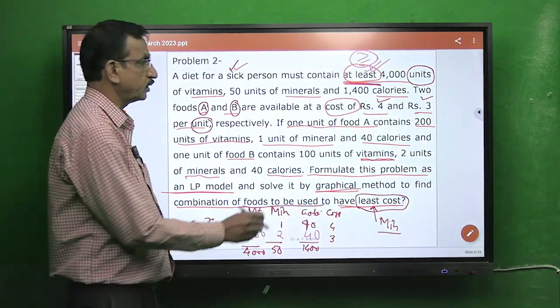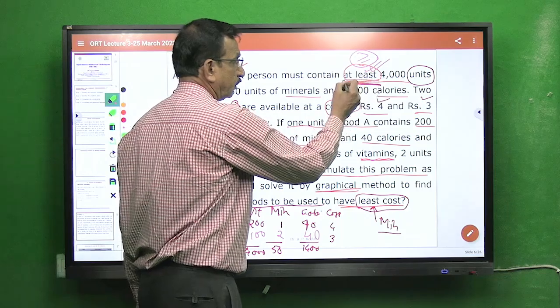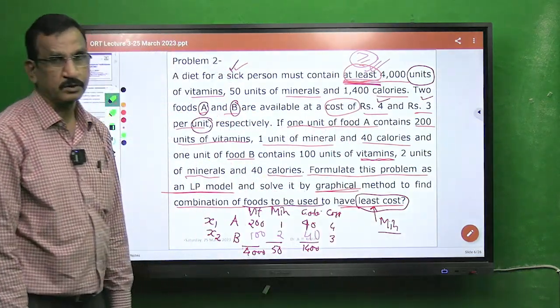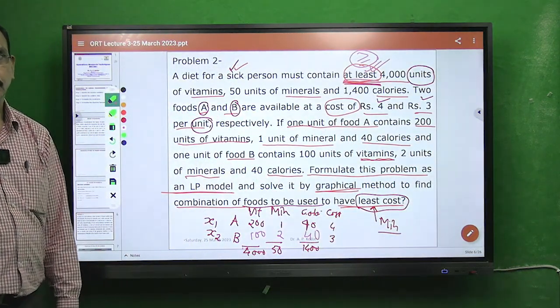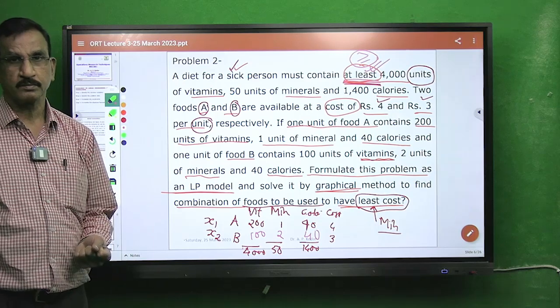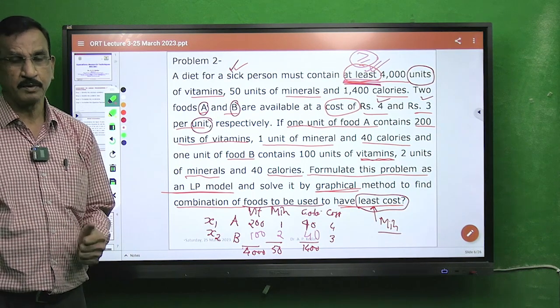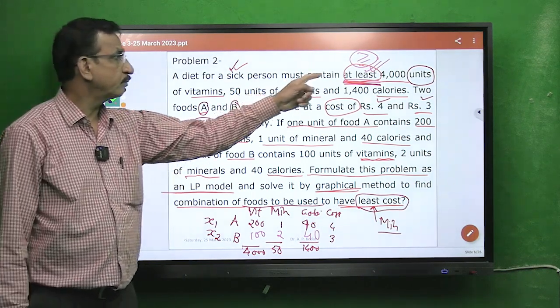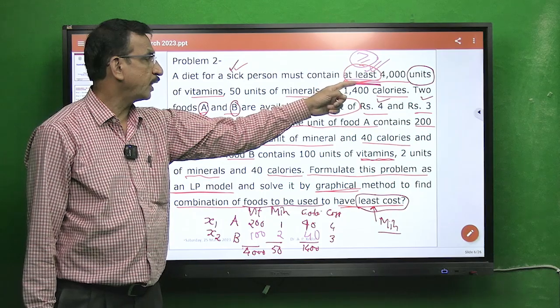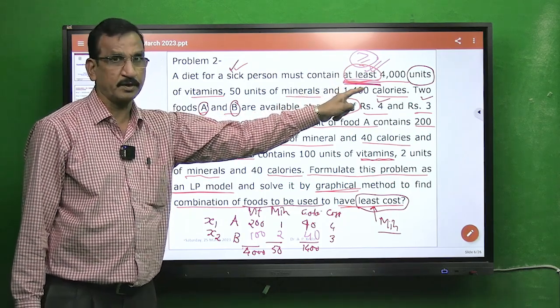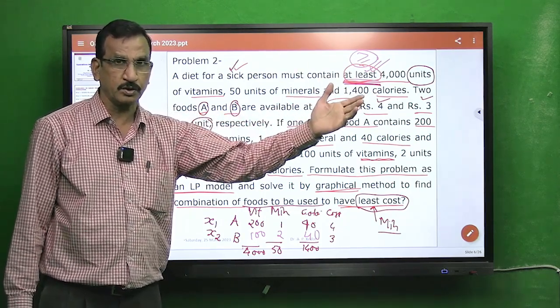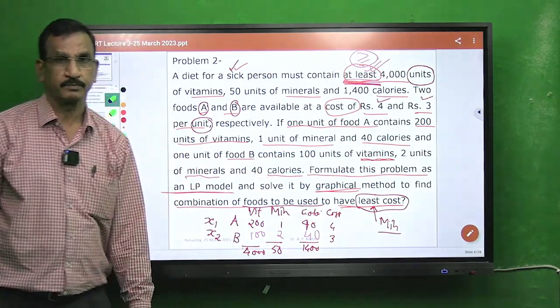So you must have understood the impact of the word at least in formulation. The problem can also use the term minimum: the diet must contain minimum quantities of. Minimum is also equivalent to at least.